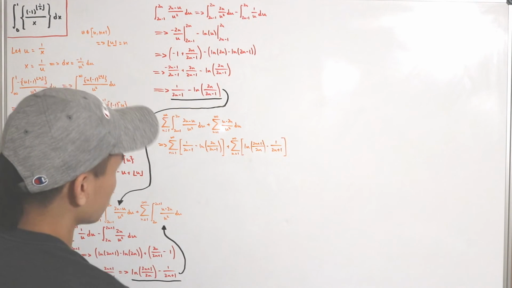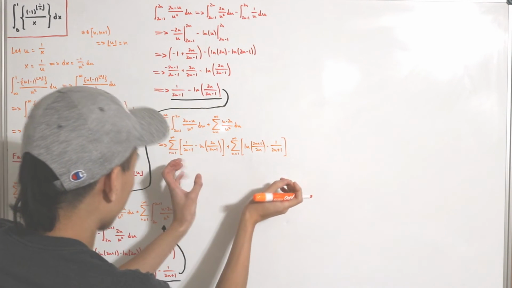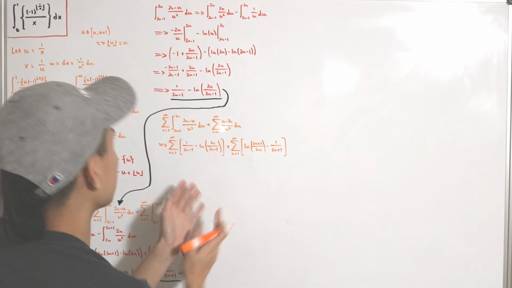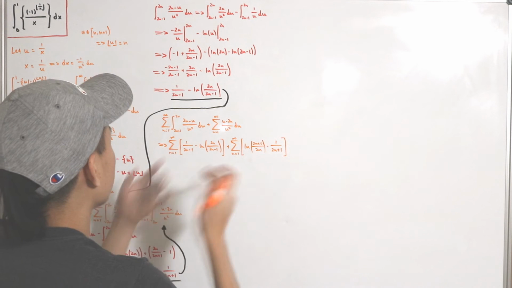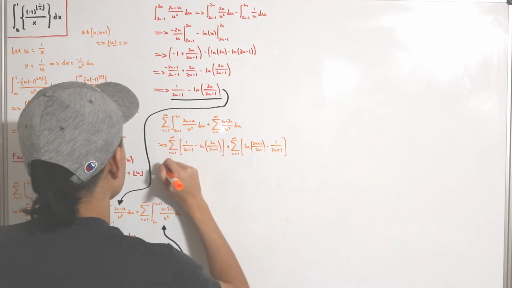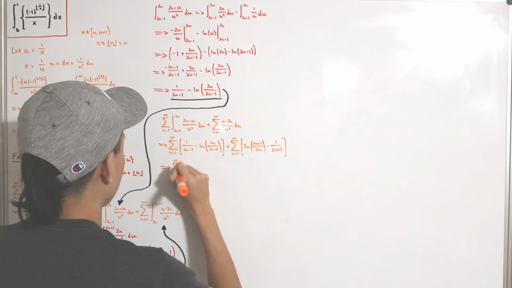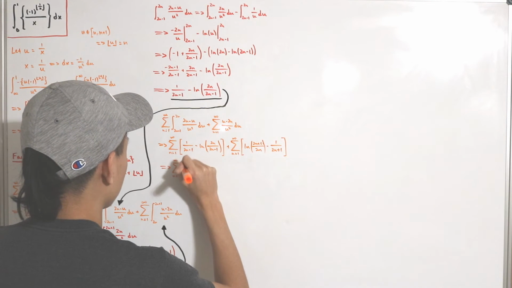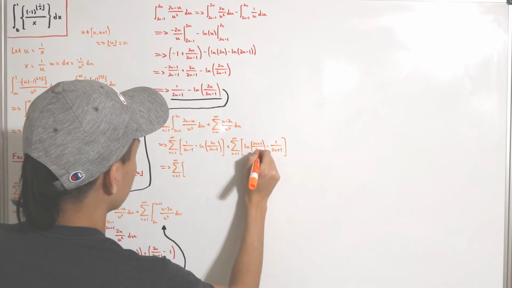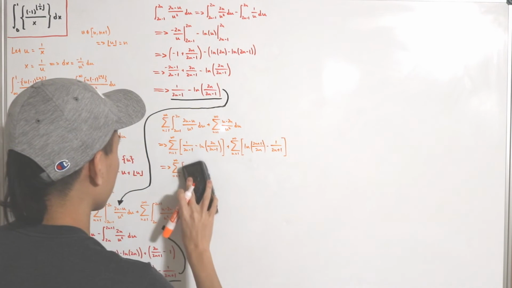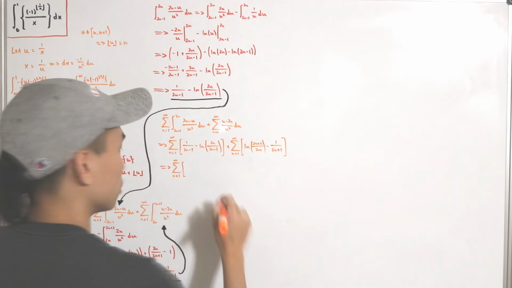Okay, so next what I'll do is group these terms together, since this is commutative under addition. But not only that, they fall under the same index with this series, so this is totally fine. So I'll group the natural logs with each other. I'll put this term first, since it's the leading coefficient in addition.